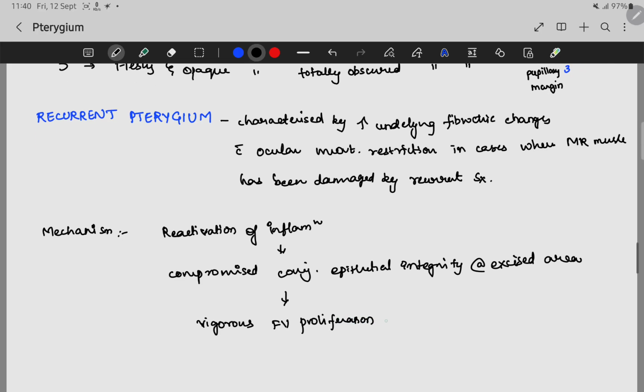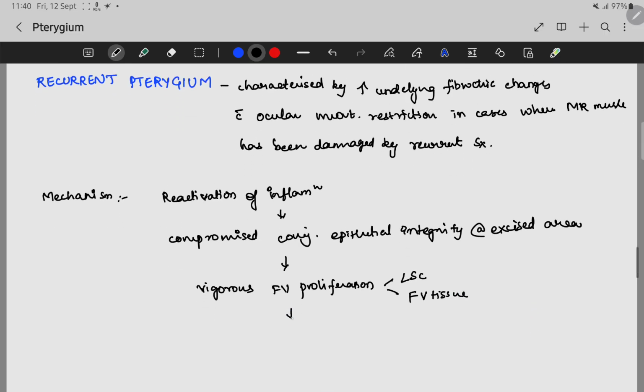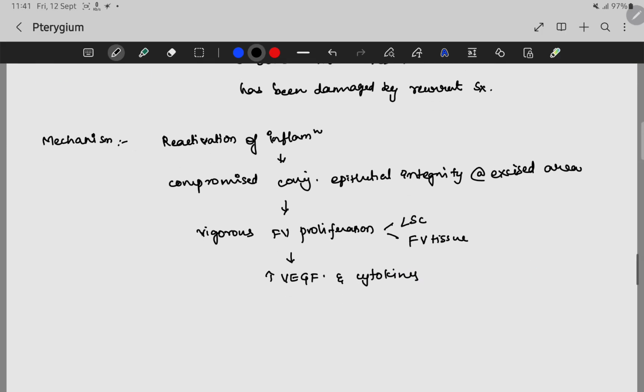This proliferation is due to activation of limbal stem cells and fibrovascular tissue, which is due to increased upregulation of vascular endothelial growth factors and cytokines, which in turn causes an increase in the matrix metalloproteases, which destroy Bowman's membrane and stromal collagen.